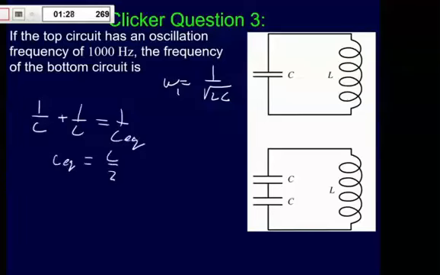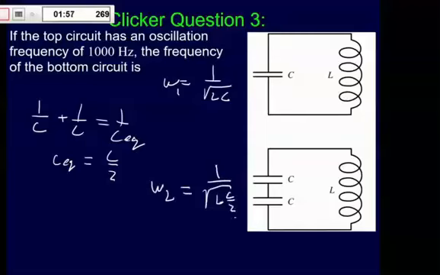When you have two identical capacitors in series, just like two resistors in parallel, the equivalent becomes C divided by 2. So if I call omega 1 equal to 1 over radical LC, then omega 2 will be 1 over radical of LC divided by 2.